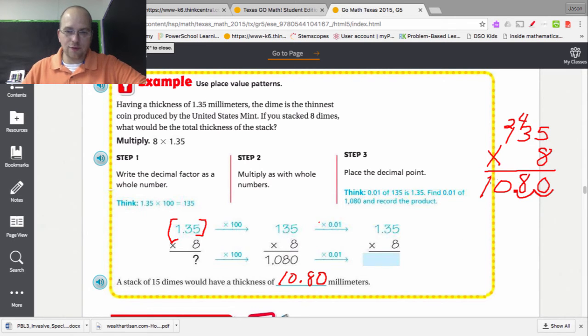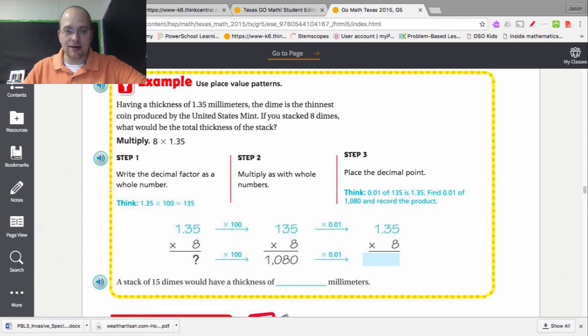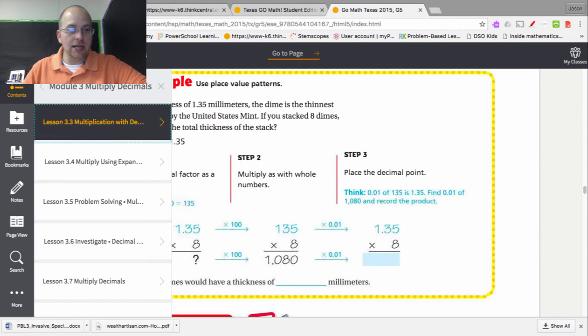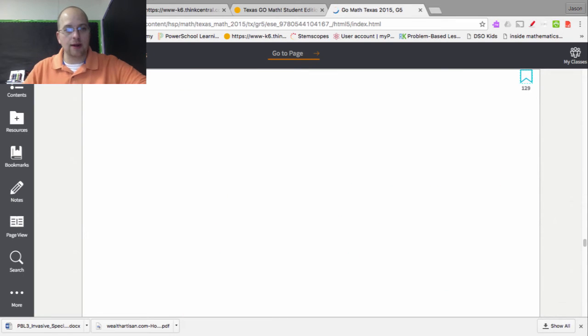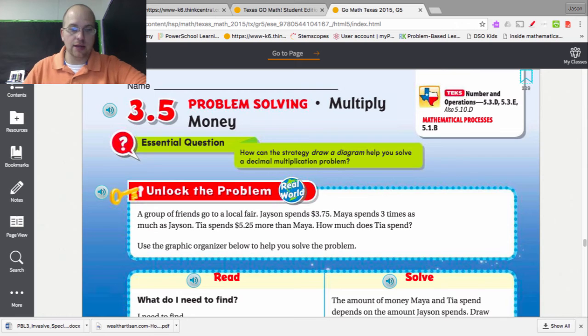All right, now what if we were to talk about money? We might want to find out how much money we might have. So let's see if we can do a little problem-solving exercise involving money. If a group of friends goes to a local fair, Jason spends $3.75.